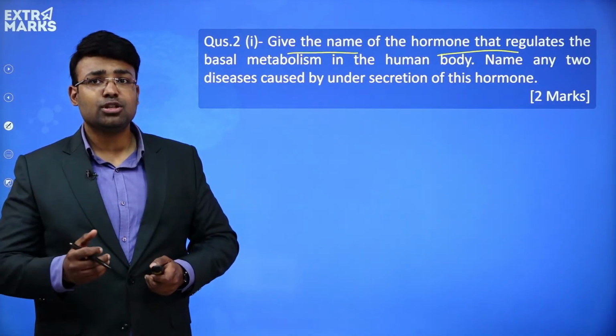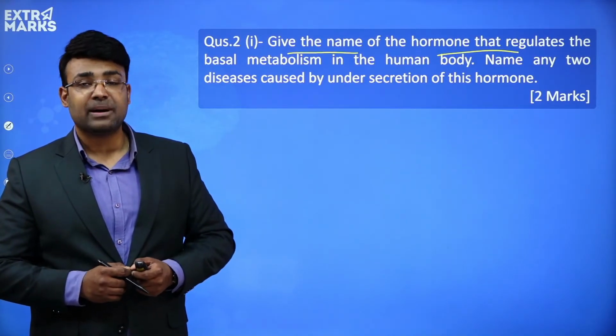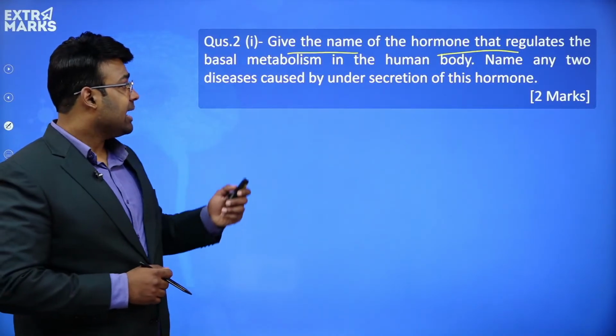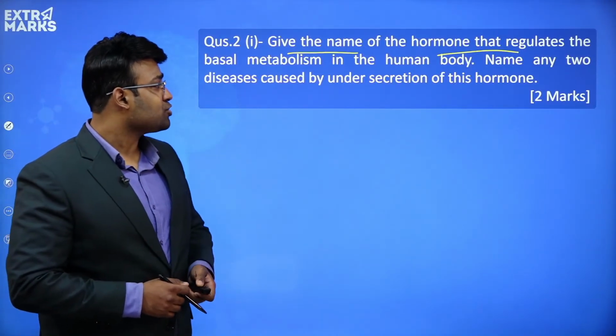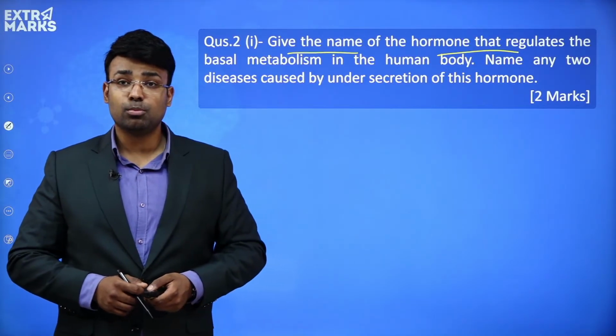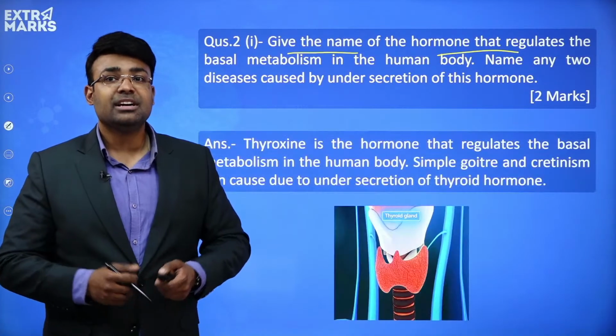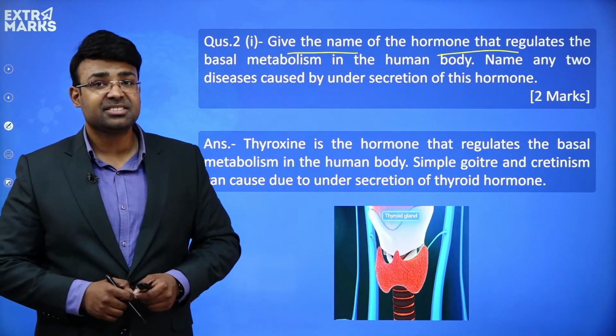Clear? Thyroxine is released by the gland called the thyroid gland. And name two diseases caused by the under secretion of this hormone. So yes, there is goiter and there is cretinism which happen due to the under secretion of this hormone.